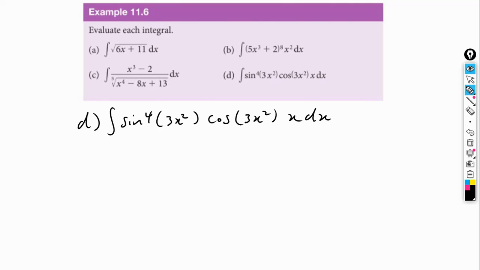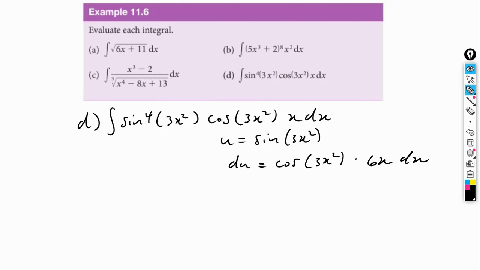So in this case, let's do u is equal to sine of 3x squared. Therefore, du, or derivative of u, is going to be cosine of 3x squared times 6x dx.